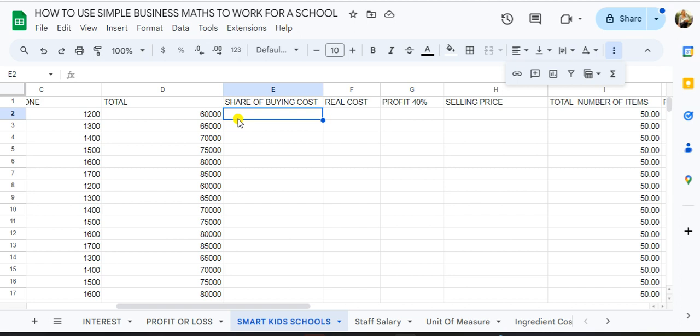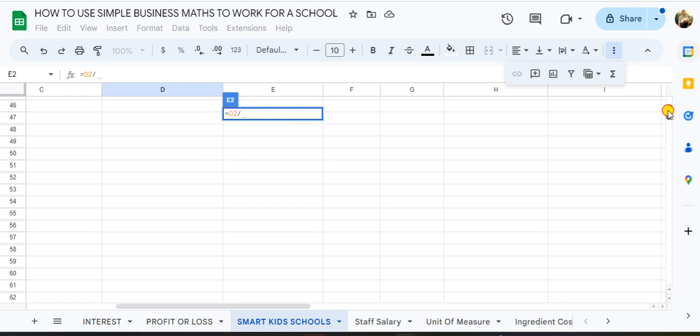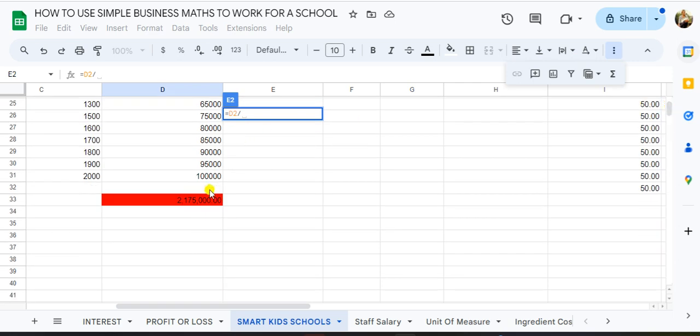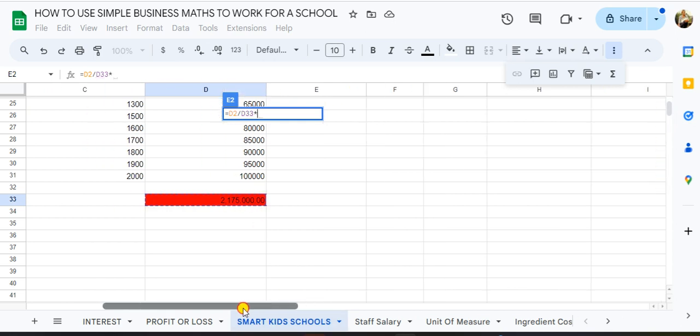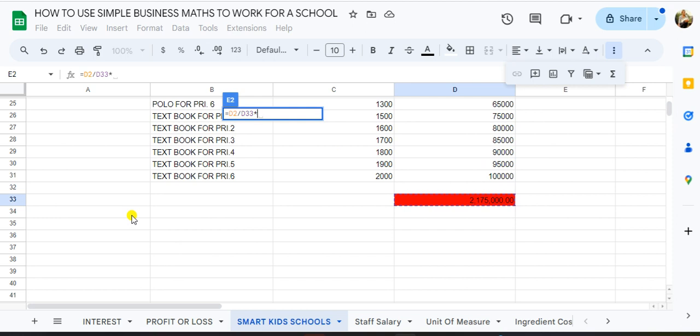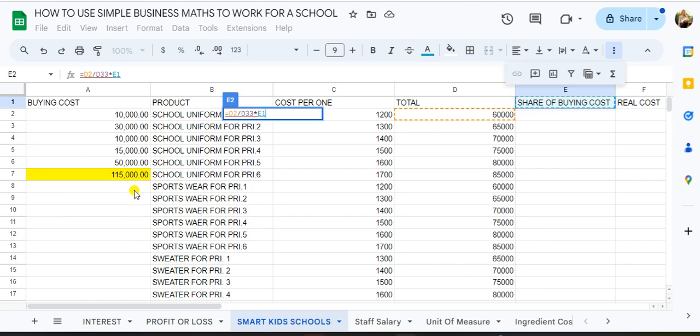So we'll now do equal to. The formula is this: the first product cost divided by the total cost of the product, then multiply by the total amount of the buying cost.